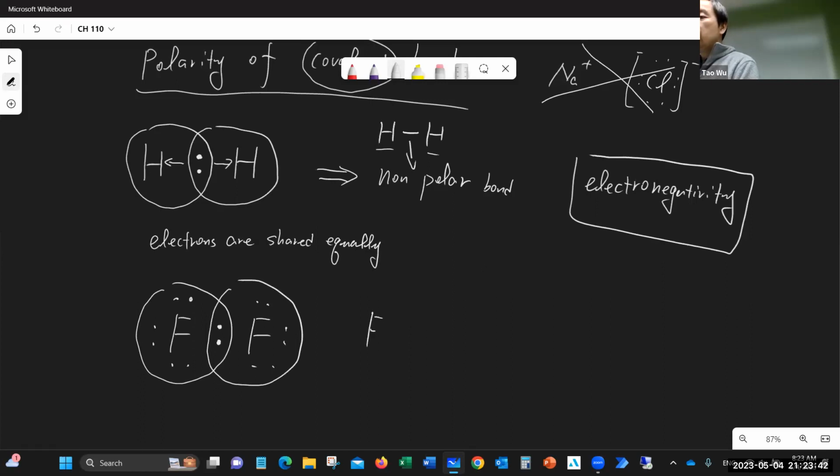So the bond they are making is also a non-polar bond. Make sure this is also a non-polar bond.